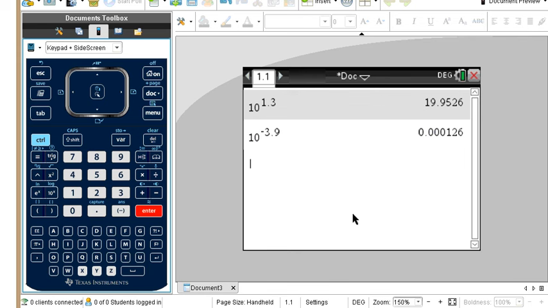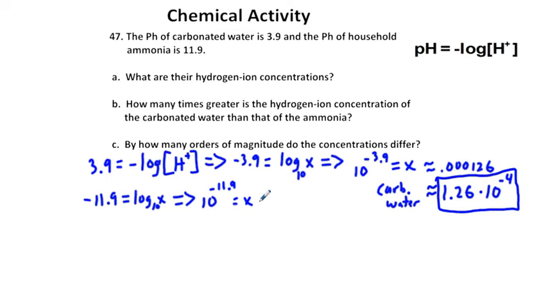And going to our calculator, we have 10 to the power of negative 11.9. So we get 1.26 times 10 to the power of negative 12 here in scientific notation. And this is going to be our concentration of household ammonia.